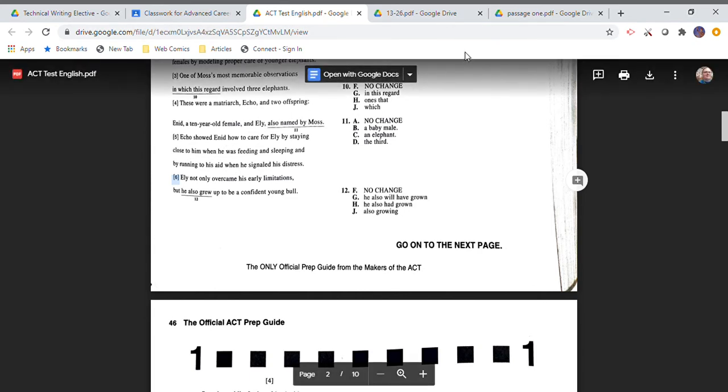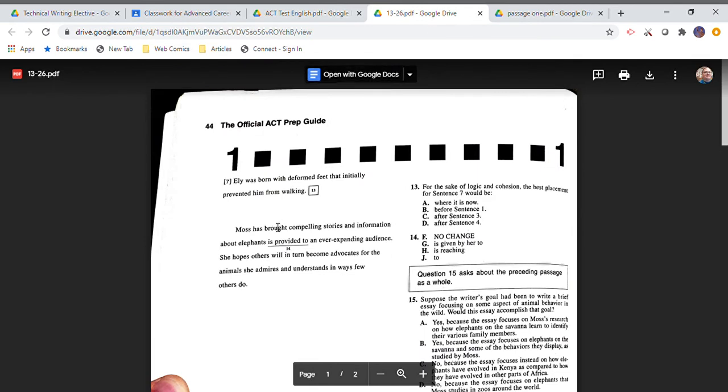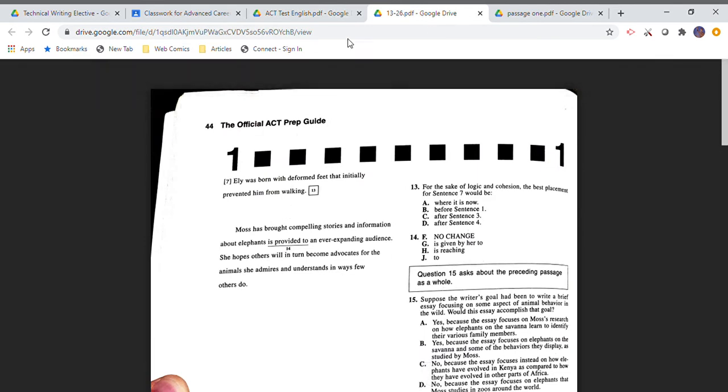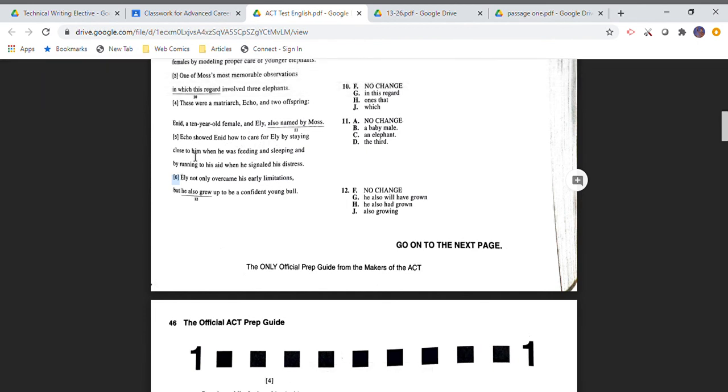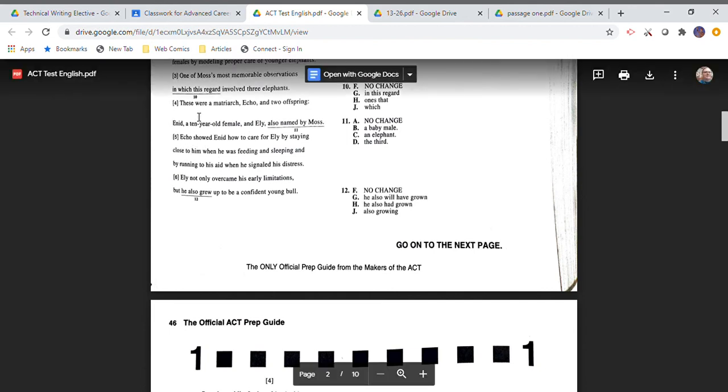Let's see here. "Eli was born with deformed feet that initially prevented him from walking." "Echo showed Enid how to care for Eli by staying close to him when he was feeding." I think it should go before sentence 5. So we would read, "These were a matriarch Echo and her 2 offspring, Enid, a 10-year-old female, and Eli, a baby male.